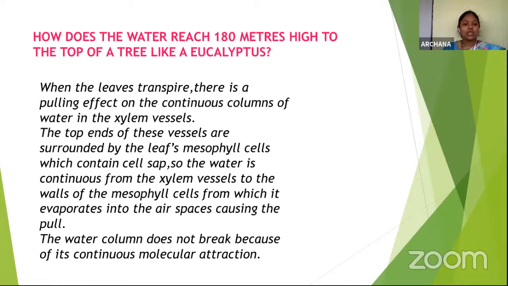So, the water is continuous from the xylem vessels to the walls of the mesophyll cells, from which it evaporates into the air spaces, causing the pull. The water column does not break because of its continuous molecular attraction.